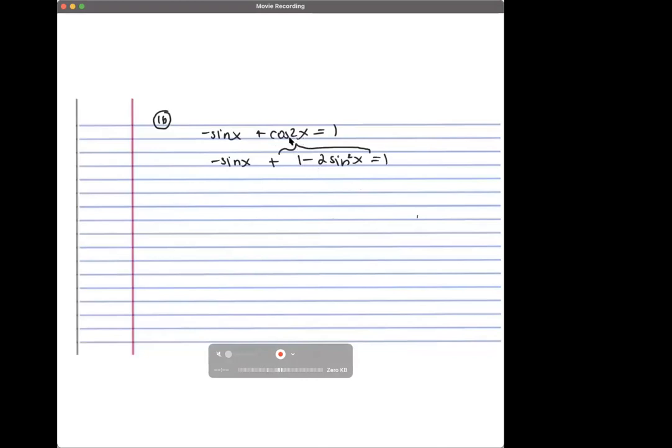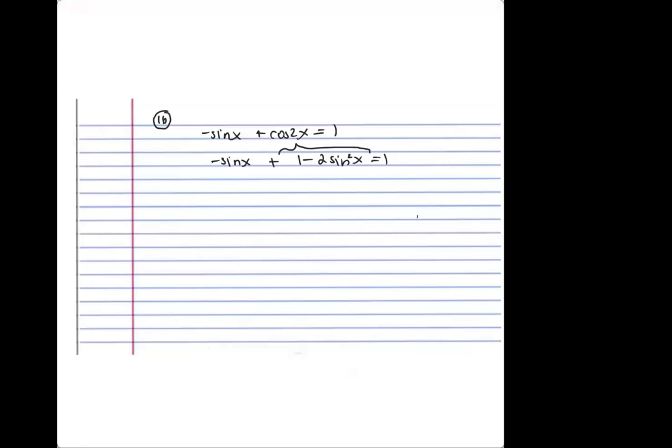Here I have a different argument and a different trig function. I got sine x in particular, and then I have cosine 2x. Different arguments, different trig functions. Can't work with that. Well, you can work with it. Now with computing power, you really can. They've got to be the same trig function, same argument.